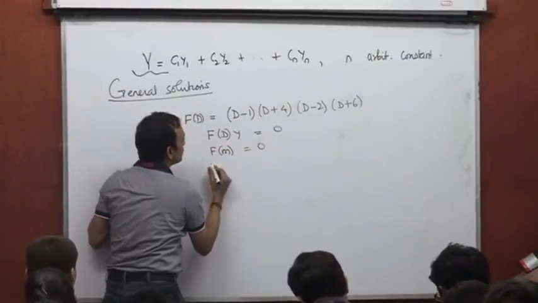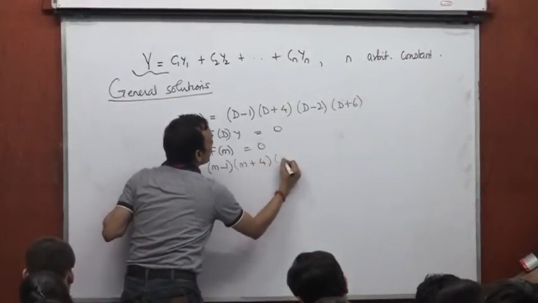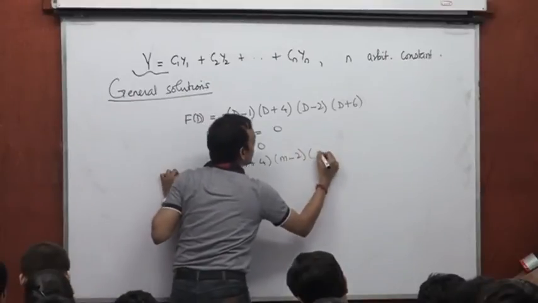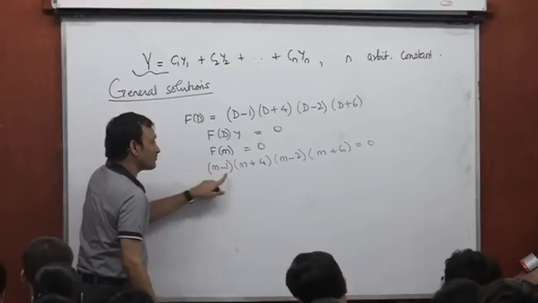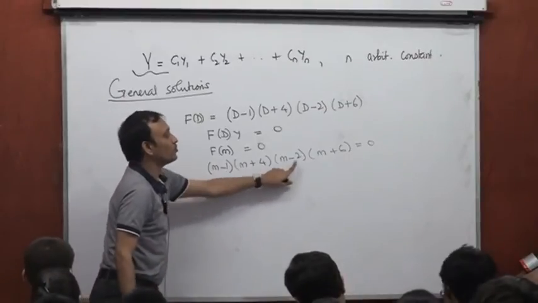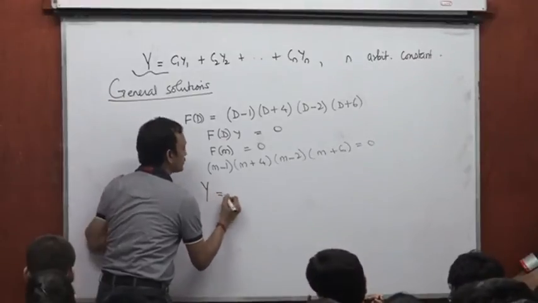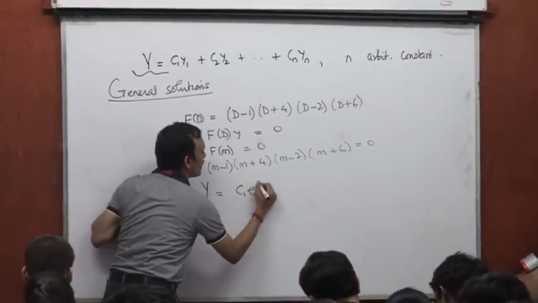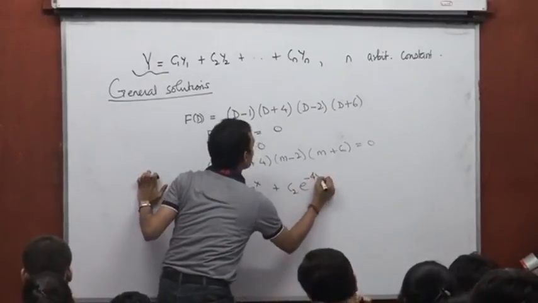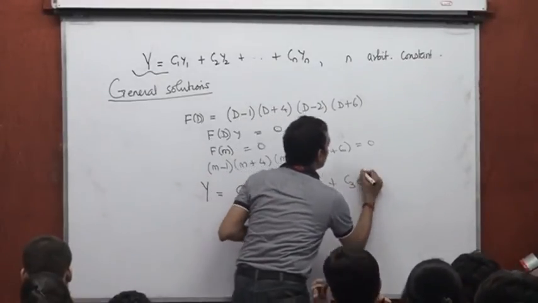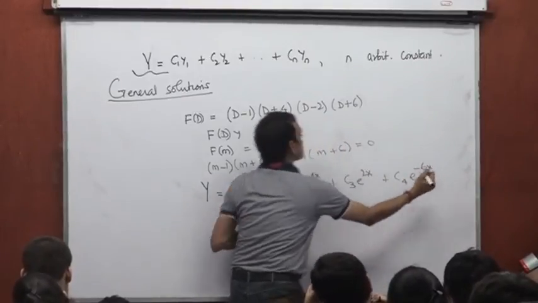Now the solution would be obtained by replacing D by m, F(m) equal to 0. F(m) equal to 0 would give (m minus 1)(m plus 4)(m minus 2)(m plus 6) equal to 0. So the values of m are 1, minus 4, 2 and minus 6. So the general solution to the differential equation would be y equals c1 e^x plus c2 e^(minus 4x) plus c3 e^(2x) plus c4 e^(minus 6x).